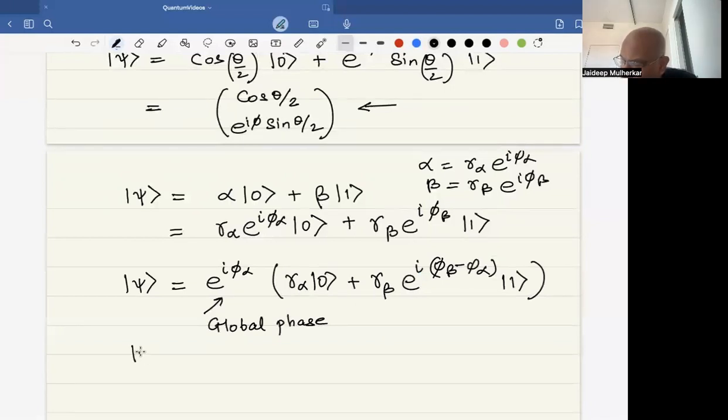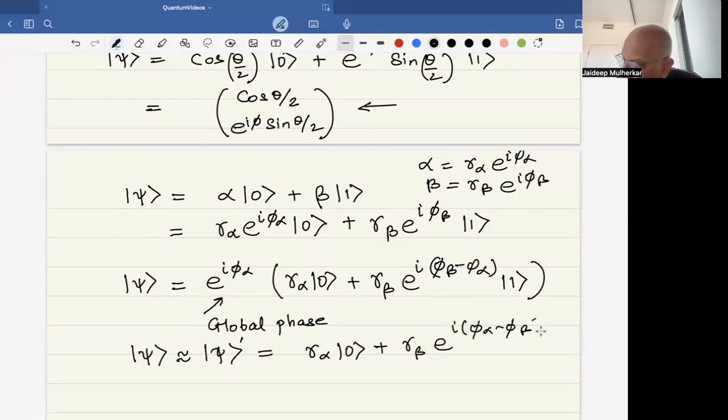So psi is equivalent to psi prime, which is equal to R alpha ket 0 plus R beta e to the i phi beta minus phi alpha ket 1, right?